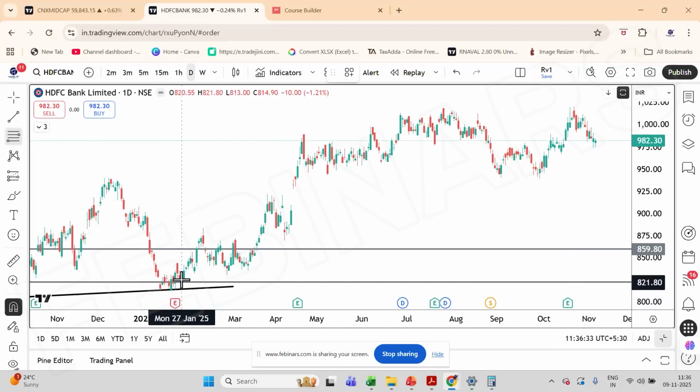So there is a range bound action happening in HDFC Bank.